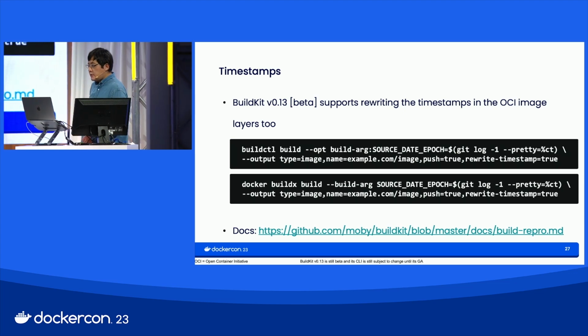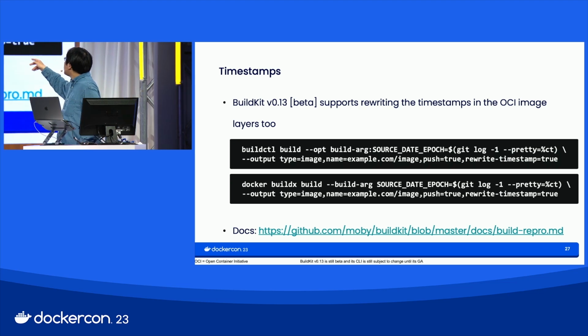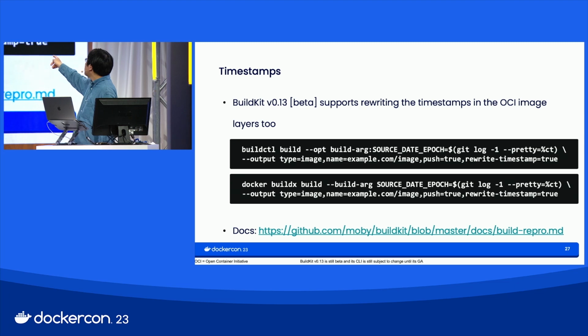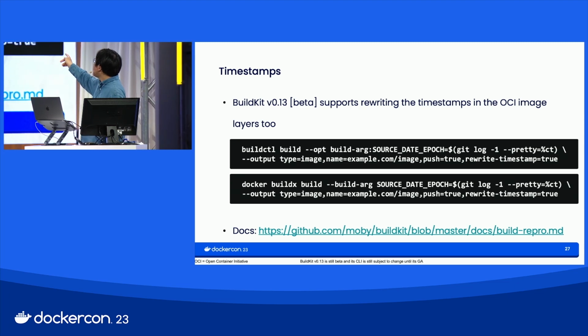So with these commands, you can set rewrite-timestamp=true to rewrite timestamps in the image layers. This is slightly complicated, but you can see that the build-arg SOURCE_DATE_EPOCH is the same as the previous one.